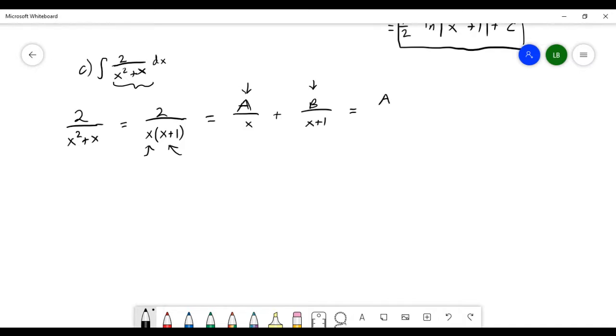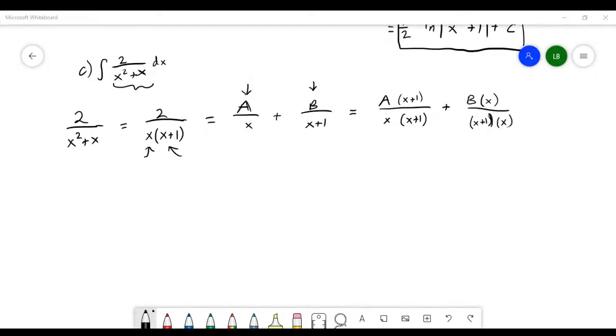So we would multiply A over x by x plus 1 divided by x plus 1, and B divided by x plus 1 by x divided by x. With me so far? All right.